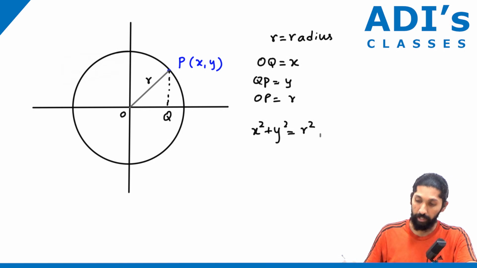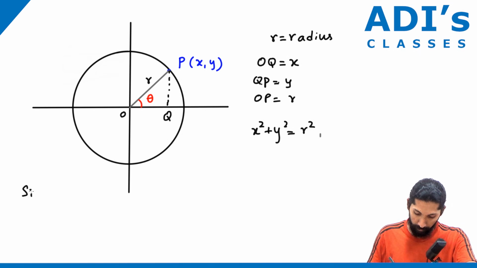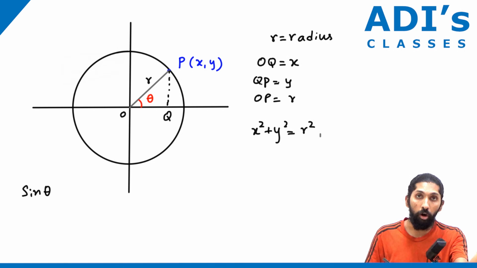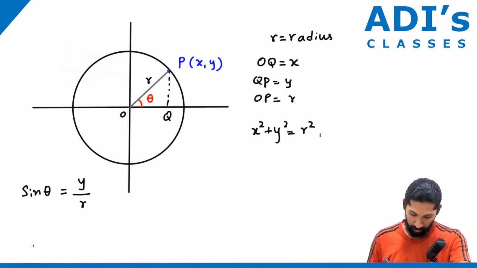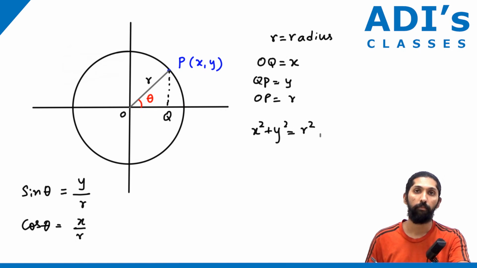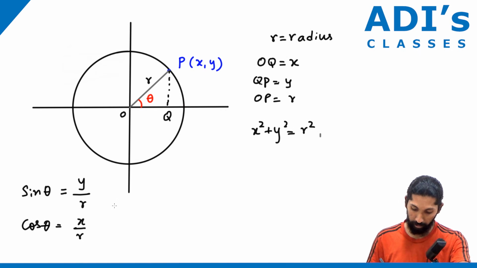Let's say the angle here is theta. Sine is the trigonometric function, so sine theta is equal to the opposite side PQ, which is y, divided by R. Likewise, cos theta is equal to x divided by R. And tan theta is the ratio of sine to cosine, which gives you y divided by x.